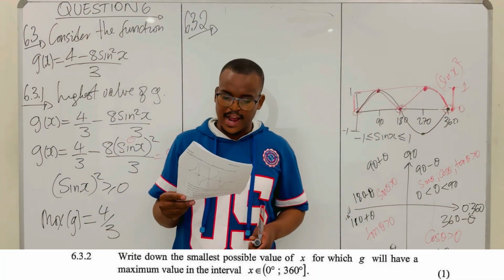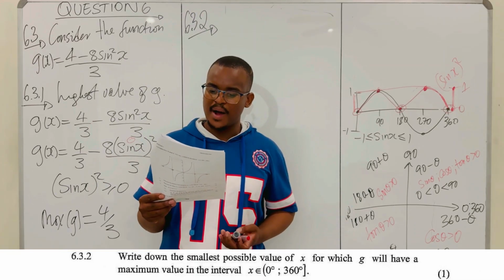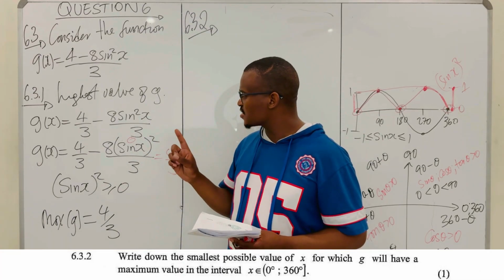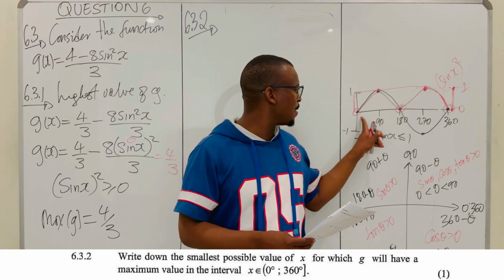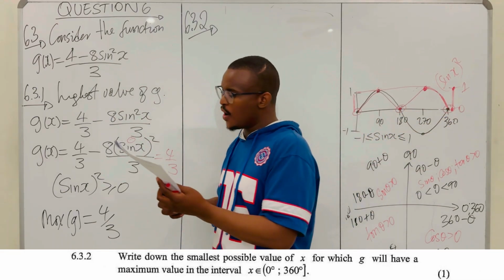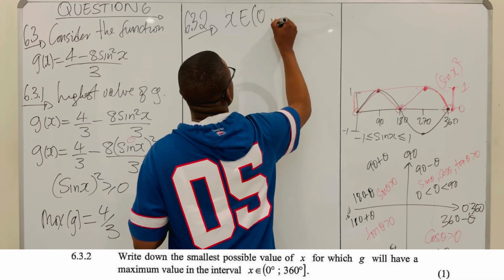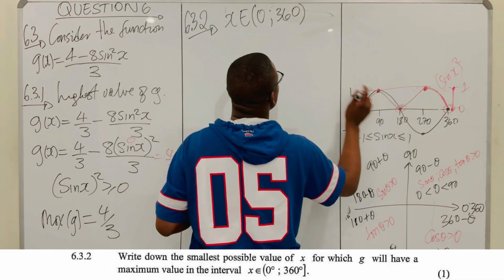So they want us to write the smallest possible value of x for which g will have a maximum value on the interval. So we said that we'll have a maximum when sine squared of x is 0, which will actually happen there, there, and there. But they want the values of x that are where? That are between 0 and 360, which is 0 and 360 are excluded. So in that case, we're left with what?